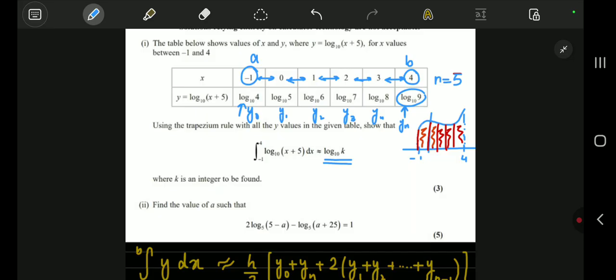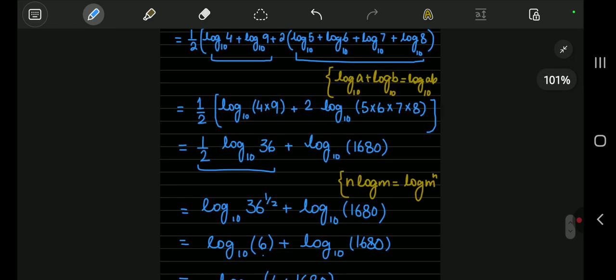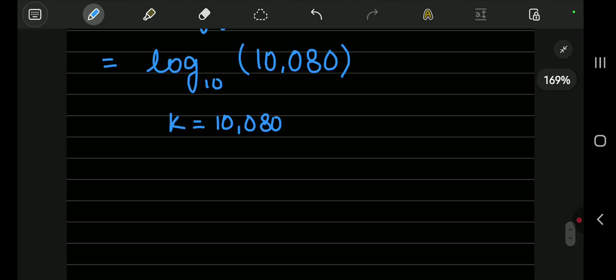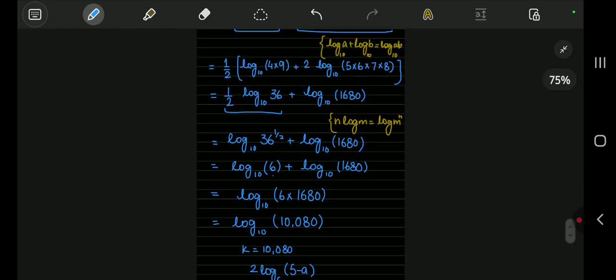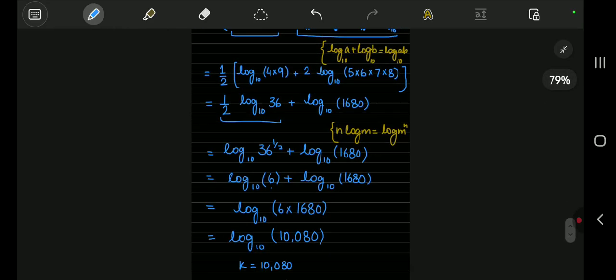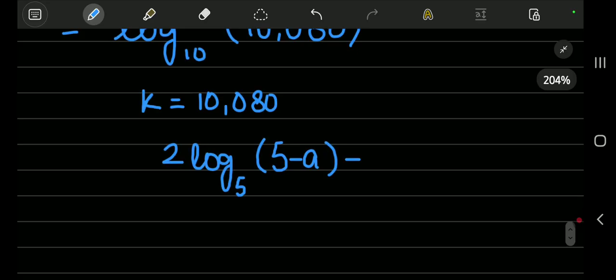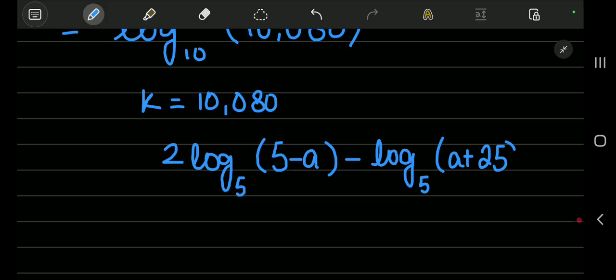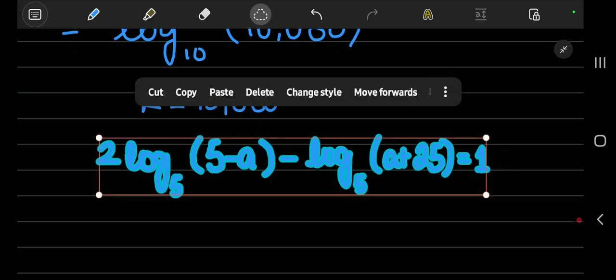Okay, so just solve it out. So solving this is your part B.